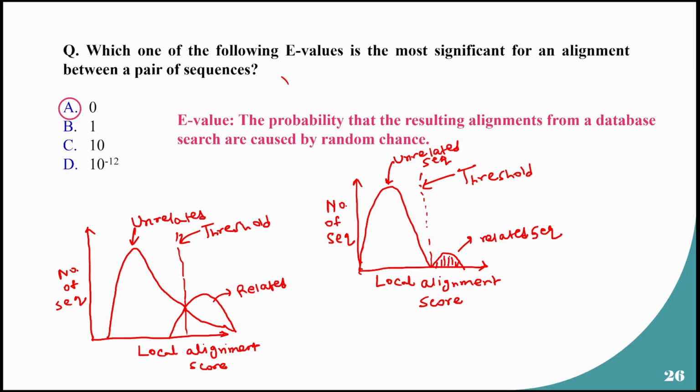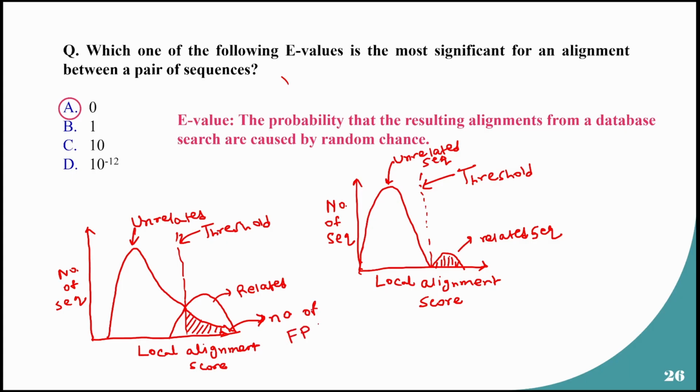You will see in a lot of alignments, there will be an overlap between the unrelated sequences alignment plot and the related sequences alignment plot, right? Now, in this particular overlap, whatever area that I am shading here, that is basically giving you the number of false positives.